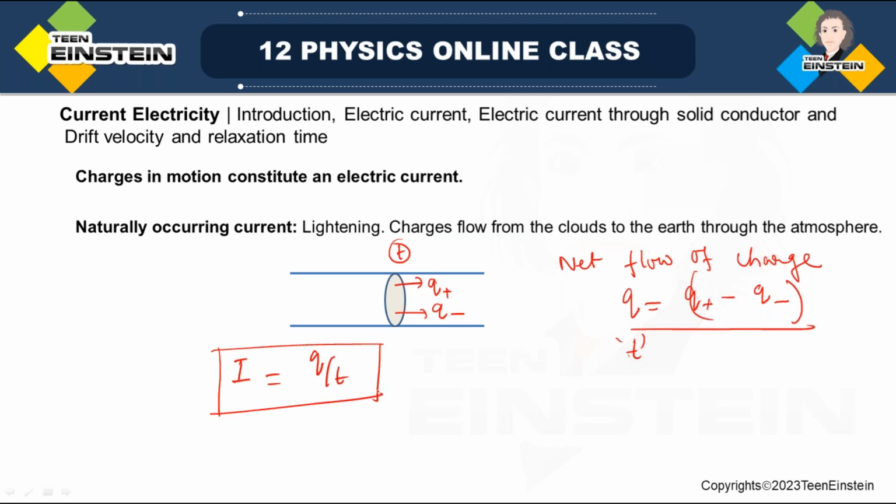But this is kind of an average, like average velocity. Average velocity is the total displacement by the total time interval. And we also have instantaneous current, just like instantaneous velocity. Suppose this is s, a distance, and ds by dt is the instantaneous velocity.